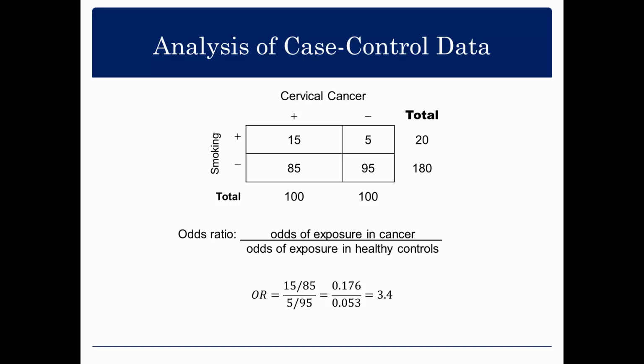It could be that those who smoke are also more sedentary, so it's their sedentary behavior, not their smoking. Again, this is all a contrived example, but it shows you that sometimes risky behaviors come together in individuals to produce a result that can't be attributed to one alone. But the interpretation here is that the odds of exposure in those that are diseased is actually almost 3.5 times that of those who were healthy.